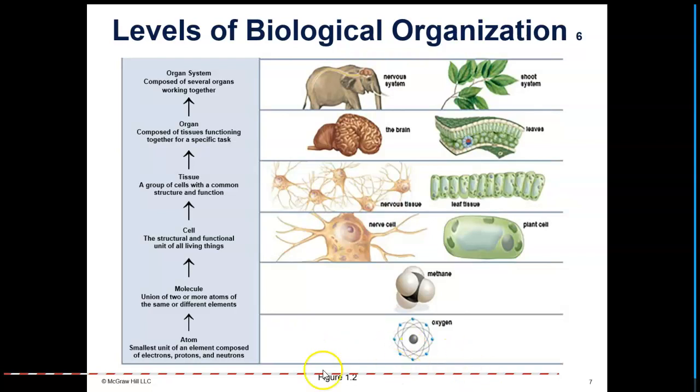And then we have molecules combining to form much larger structures like cells. But even before we get to the cell, all of the cell parts, which we typically call cell organelles, like this nerve cell has a nucleus. We can see the nucleus right there. And this plant cell has a central vacuole.